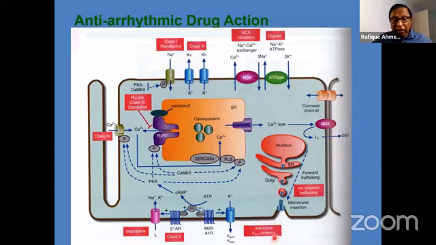Anticholinergic drugs, so the acetylcholine-dependent potassium channel, adenosine works there. And then ivabradine works on the funny current. And if you look at the calcium channel blocker, it works on the calcium channel. So these are the different ways. And they're now developing drugs which will work inside the mitochondria to increase contractility or work on cardiac arrhythmia.